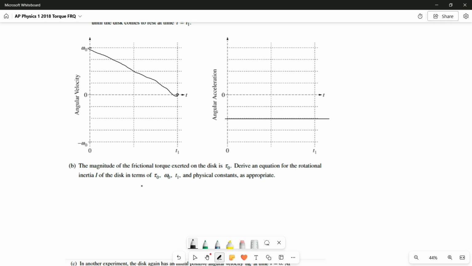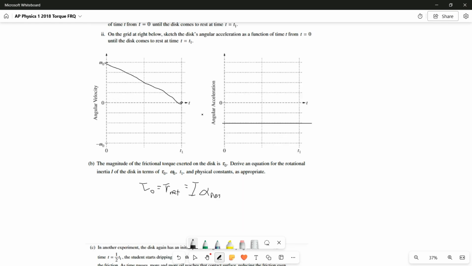Now we know that torque is the cross product between the lever arm and the force exerted on the system, but we're not quite given the radius of the disk nor the force exerted on it, so that'll be kind of useless. So we have to go about this in another way. And luckily, we still have the equation that tau naught is our tau net in this case, because the frictional torque is our only torque present, and it is also equal to the rotational inertia multiplied by the net angular acceleration.